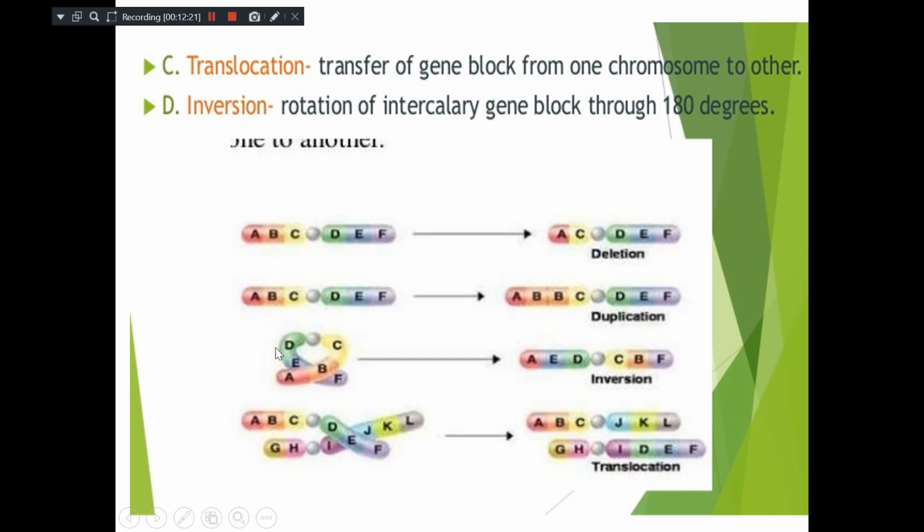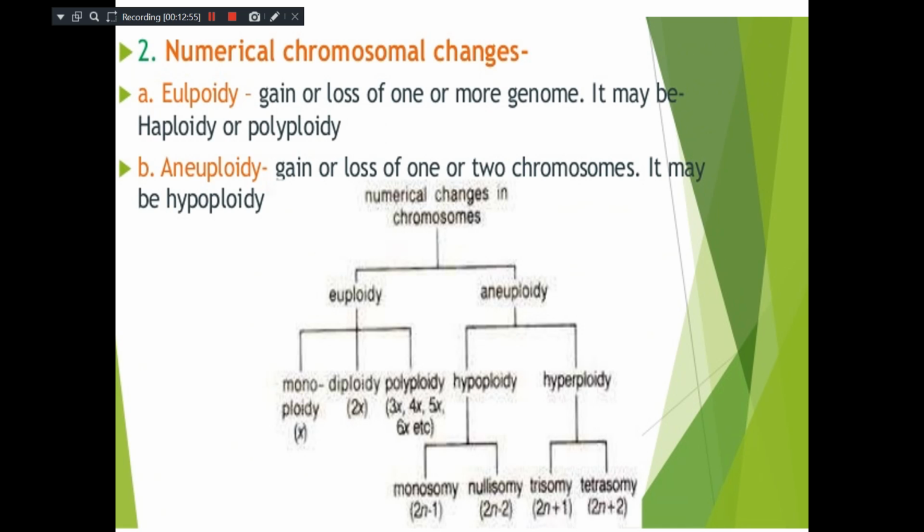Or sometimes they have undergone 180-degree inversion, and as a result, instead of A B C D E F, it has become A E D C B F. Or translocation, where one block of chromosome is attached to another. This is ABC, but a piece of another chromosome, JKL, has joined here, and this other block has joined this. I am going to discuss that in detail. So these are some of the factors by which variability is brought about.